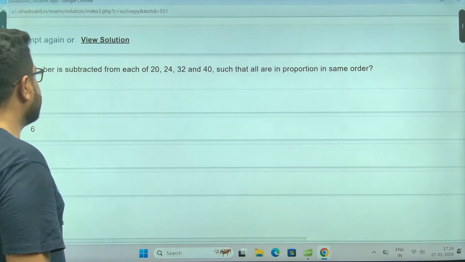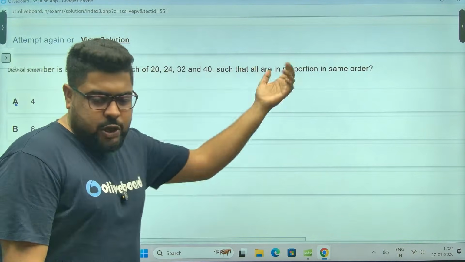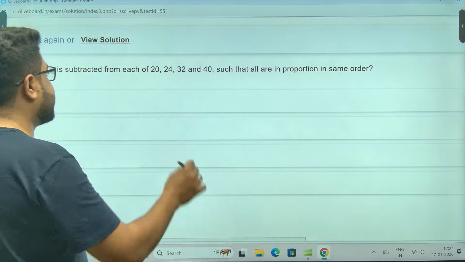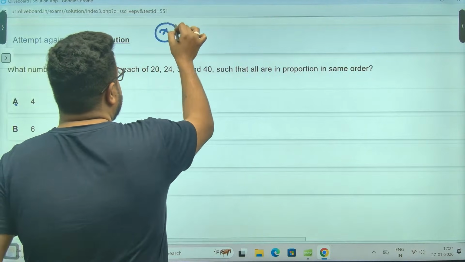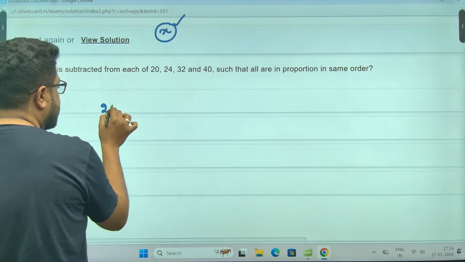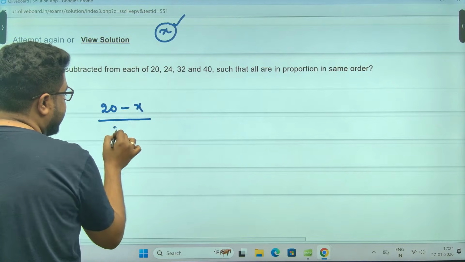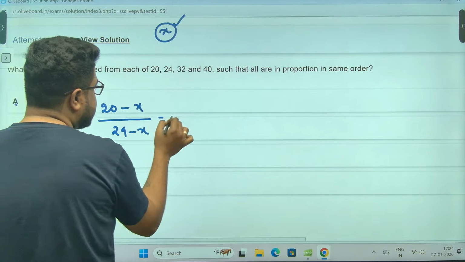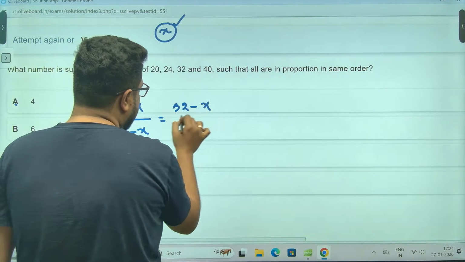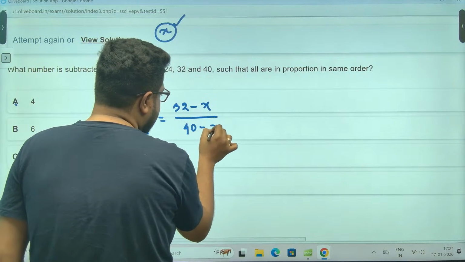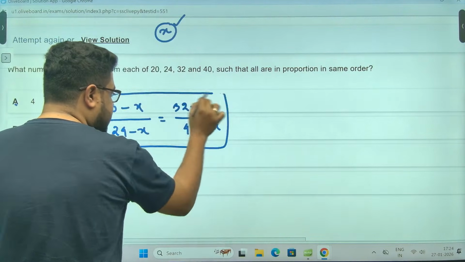How to solve these questions? I'm showing you two methods. Let's take x to be subtracted from everything. So 20 minus x by 24 minus x equals 32 minus x by 40 minus x. Again, this is a pseudo quadratic equation.